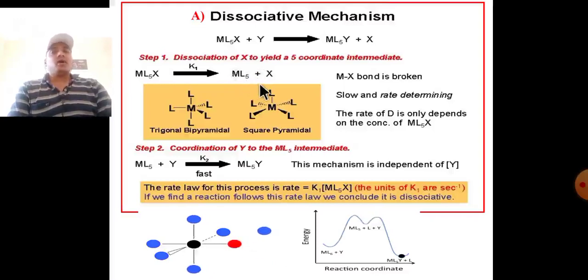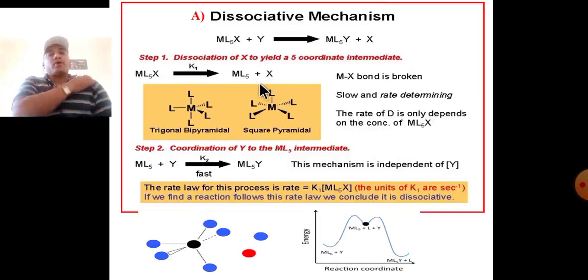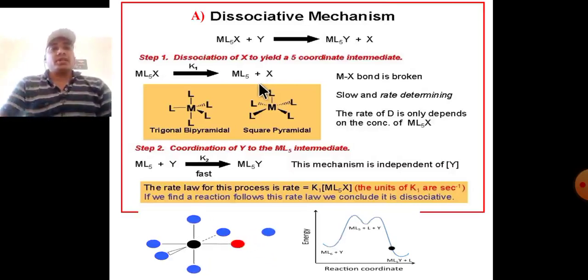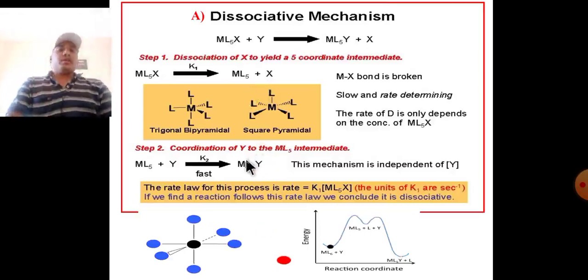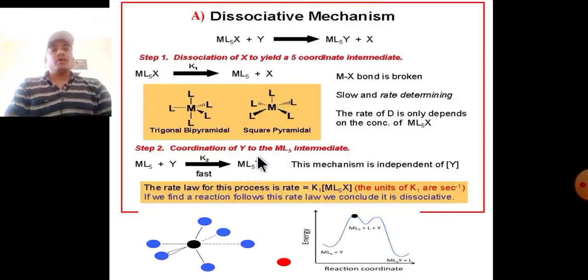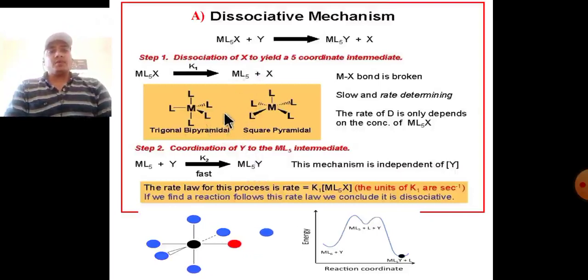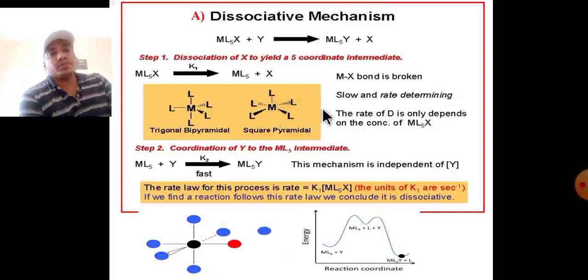Then the incoming ligand reacts with the intermediate 5-coordinated complex, which is converted into the 6-coordinated complex. In the intermediate form, two types of geometry can form: first is trigonal bipyramidal and second is square pyramidal. The first step is the slow step, which means the rate determining step.